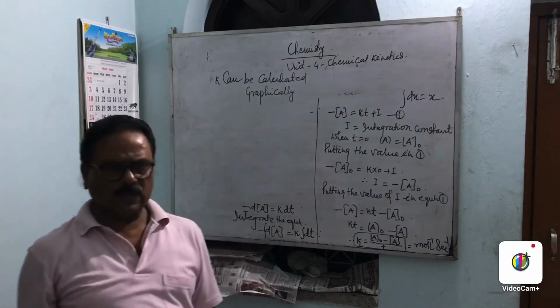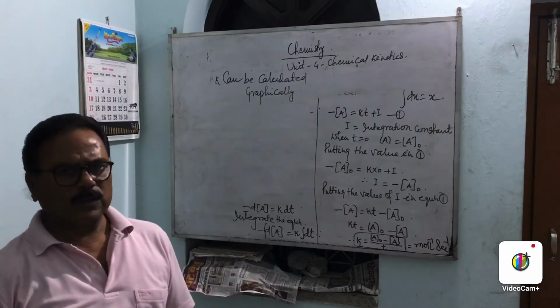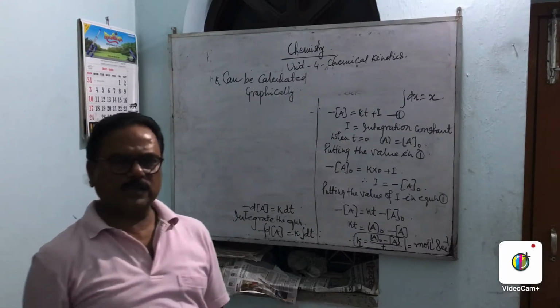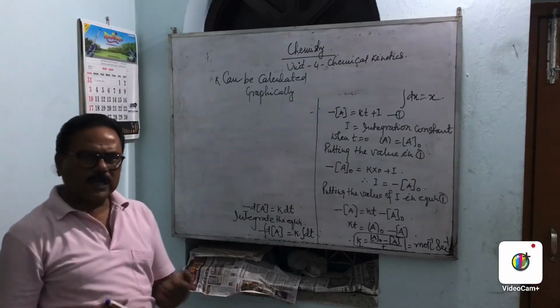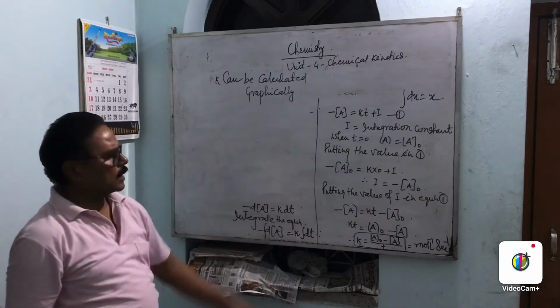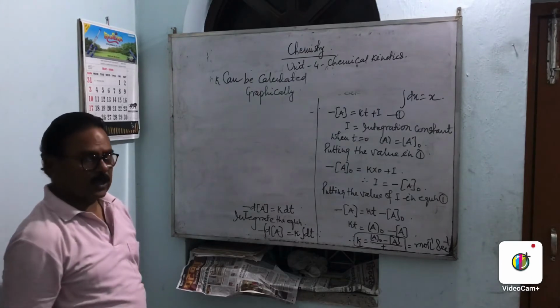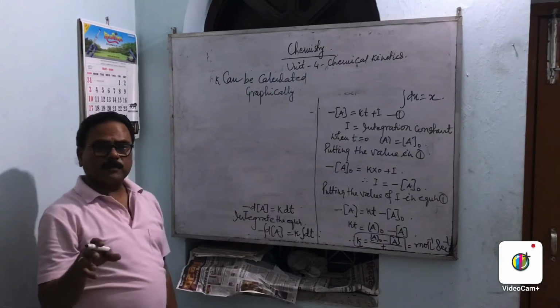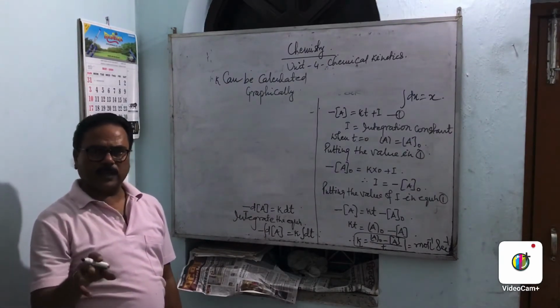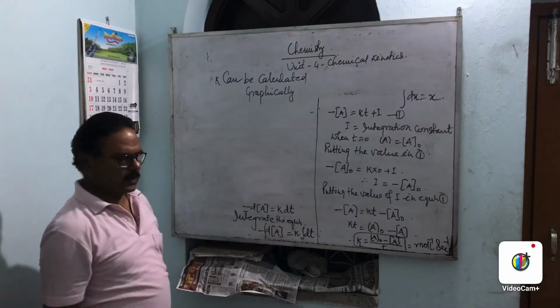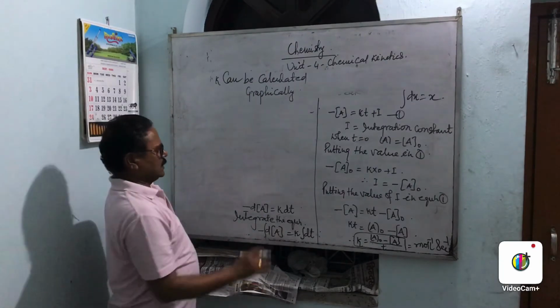Some students are from a math background, so they will have the concept. Why do students suffer? They simply memorize the graph and how it is plotted. This is actually a mathematical concept involved here, so you try to understand it. I will clarify your concept.